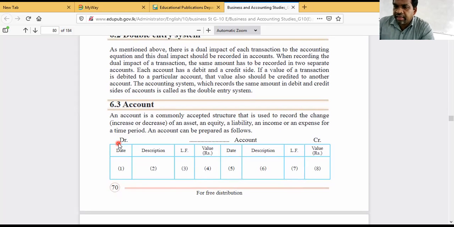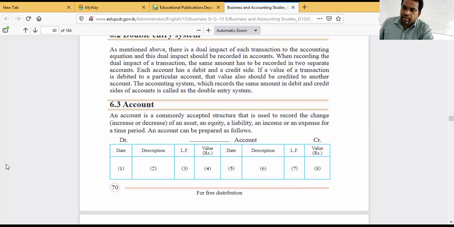Or you can simply say an account is a format or structure which is used to record business transactions.